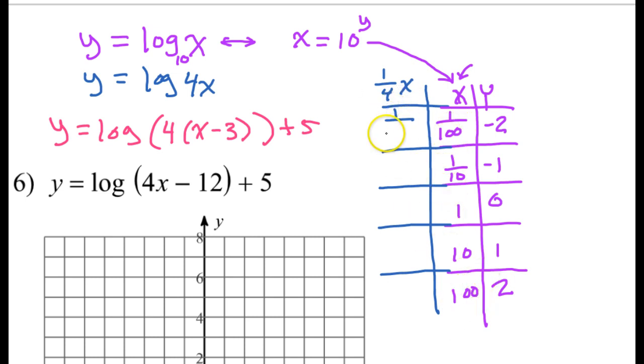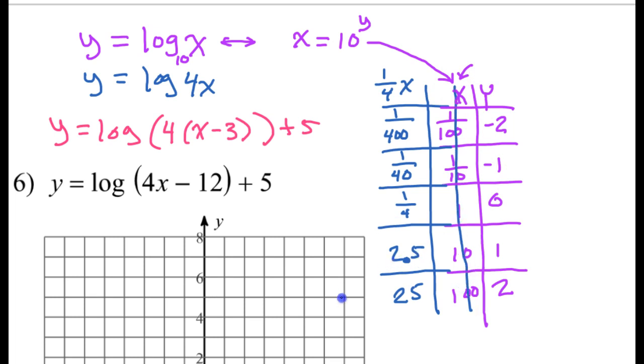So this is going to be 1 over 400. And this is going to be 1/40th. Okay, and this is going to be 1/4. And then, let's see, 10 divided by 4 is 2.5. And of course, 100 divided by 4 is 25. This is 2.5. So this is my new x column.